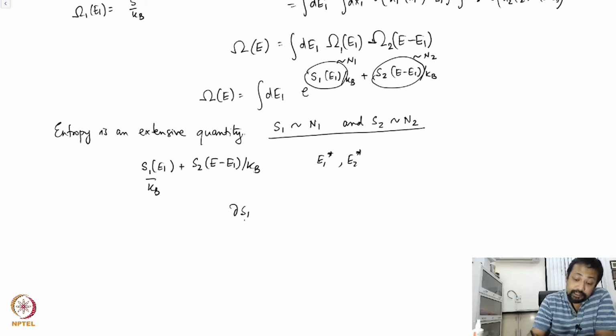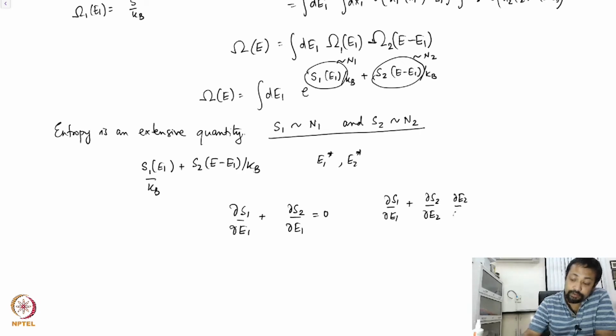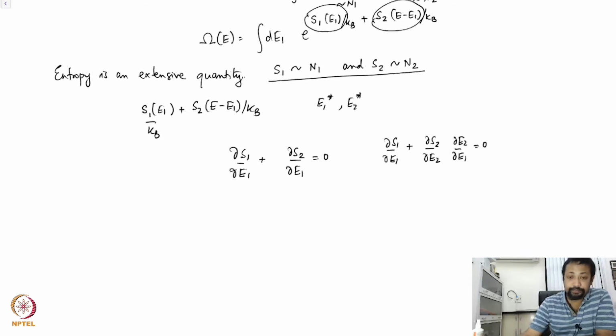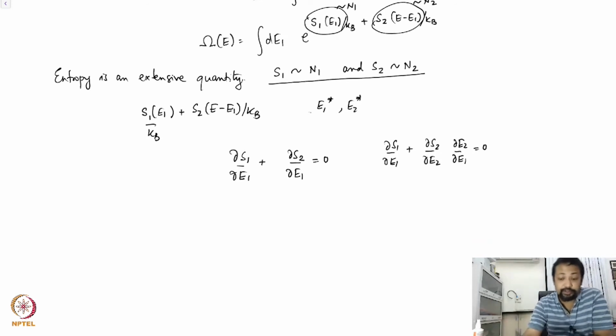Well, del S1 del E1 plus del S2 del E1 is equal to 0. Right? Which means del S1 del E1 plus del S2 del E2 times del E2 del E1 is equal to 0. This is the saddle point you are trying to determine, E1 star and E2 star.